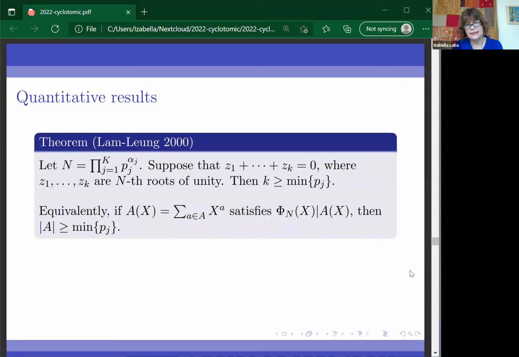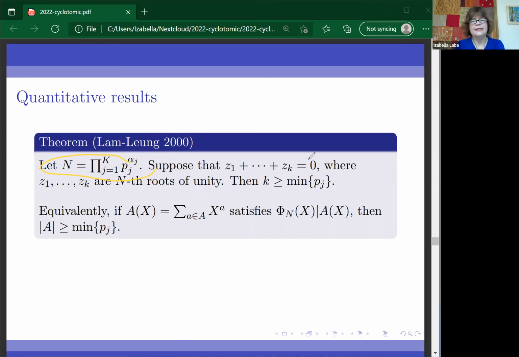A result that I'm going to be interested in is a theorem due to Lam and Leung from about 20 years ago, which says that suppose that z_1 plus and so on plus z_k is 0. The z_j's are nth roots of unity, and n is a number like this one, with prime factors p_1, p_2 up to p_k.